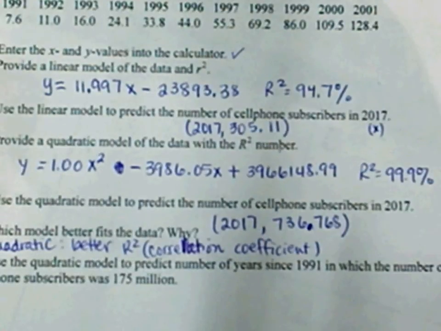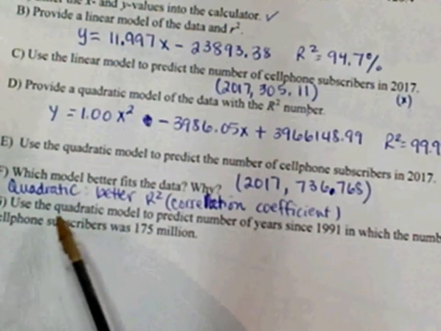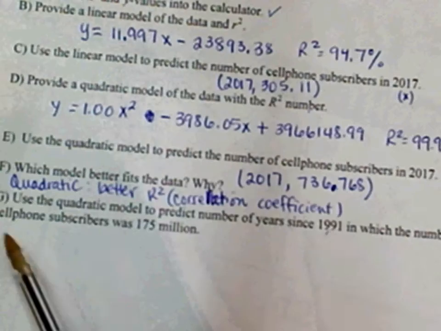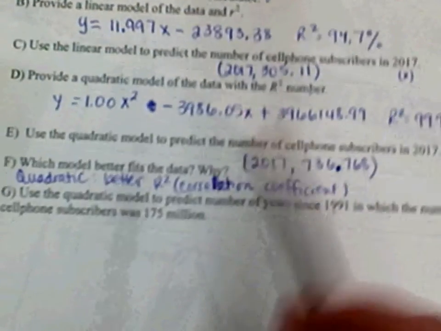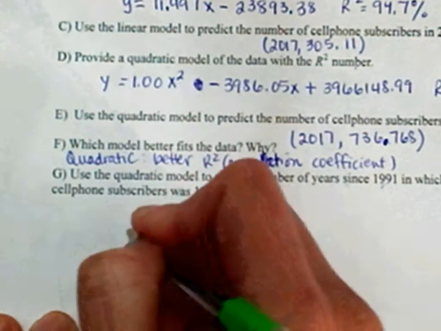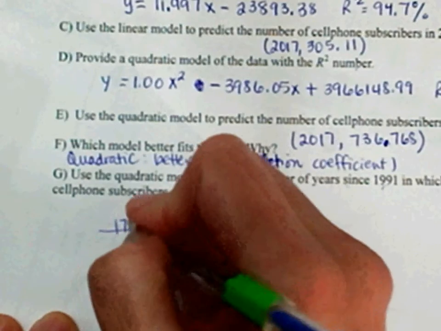All right. G. Use the quadratic model to predict the number of years since 1991 in which the number of cell phone subscribers was 175 million. Well, you have your graph, your quadratic, and you're trying to find out where that crossing is at 175. Just like we did before, okay?